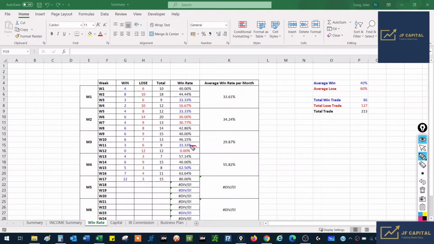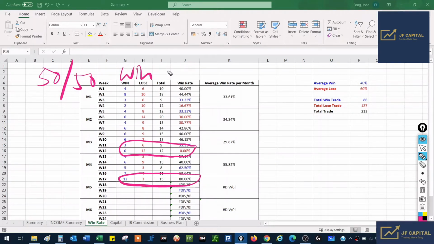So here, there is a winning streak as well, right? Typically we would say that the winning streak and losing streak is 50-50 when you trade. There's a 50-50 chance of a winning streak and losing streak happening.